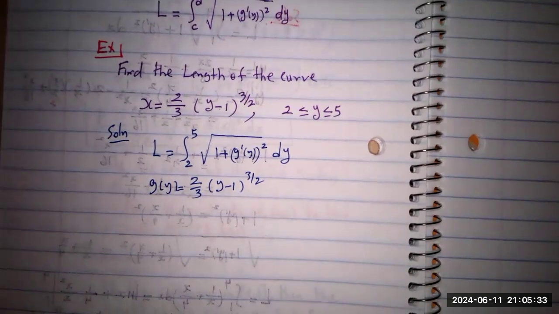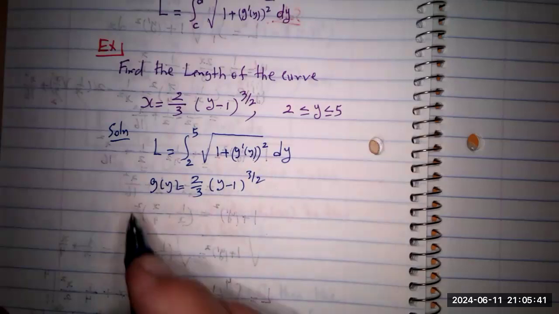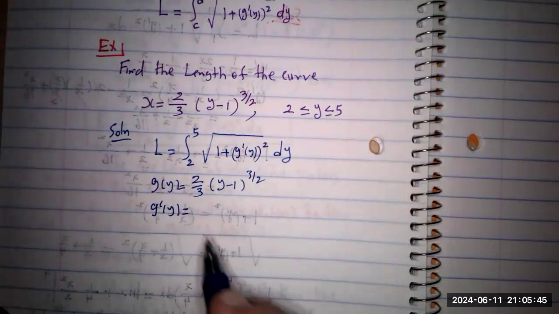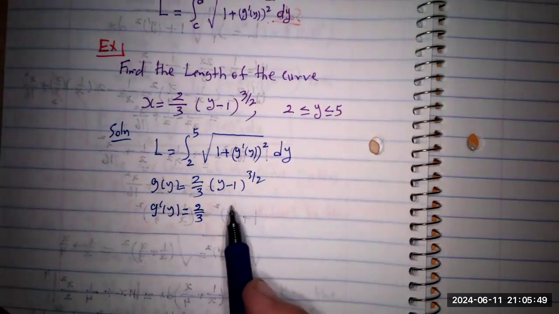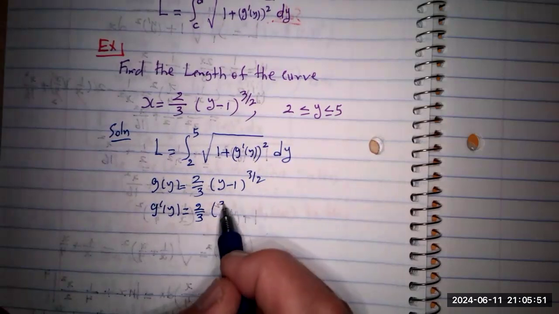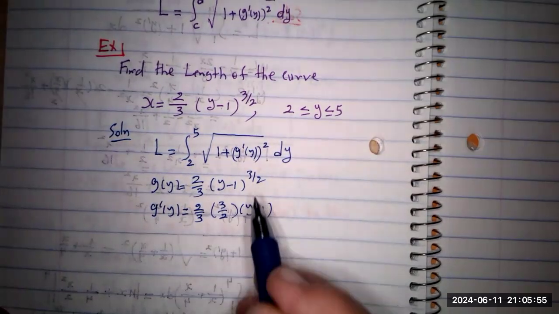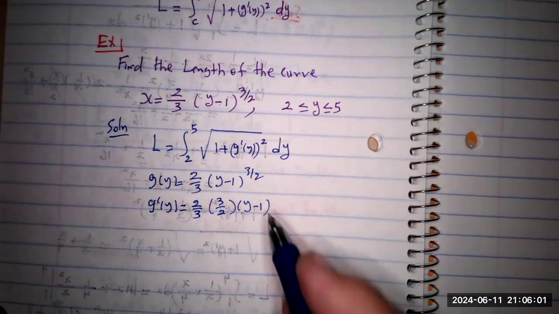Okay, so you are integrating with respect to y. As we did for the other one, we find g prime first. So it's going to be g prime of y this time. 2/3 is just a number, you keep it, you bring the power down, which is 3/2, times (y minus 1) to the power 1.5 minus 1, which is just 0.5, so that gives you 1/2.